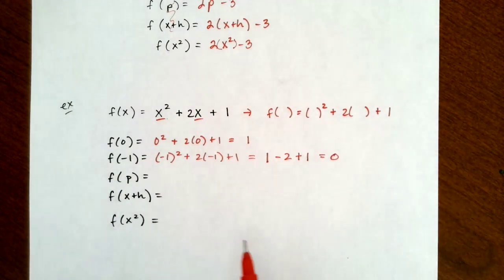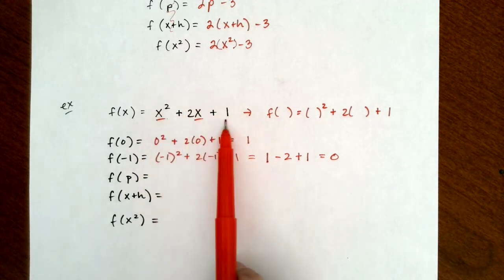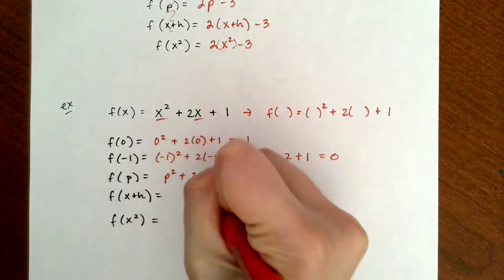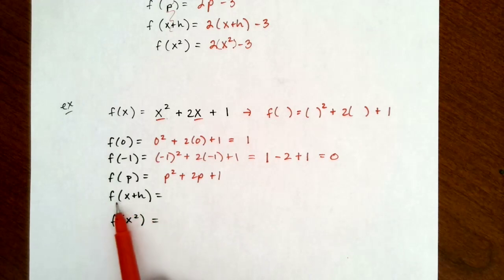So f of p is going to be the exact same formula you see here, but with the x's swapped out for p's. So I have p squared plus 2p plus 1. Why not? All right, now f of x plus h. Once we start talking about derivatives later on in the semester, this is something that we need to compute a lot as part of a bigger formula.